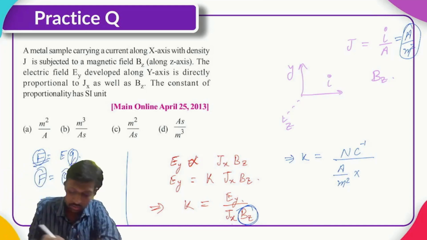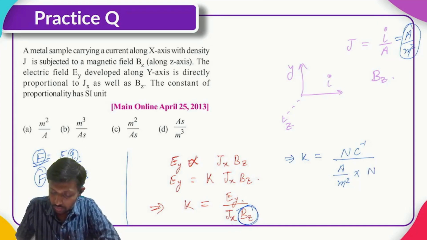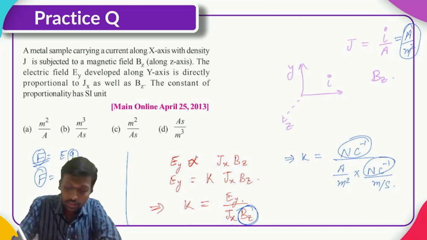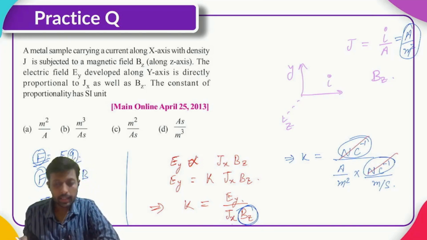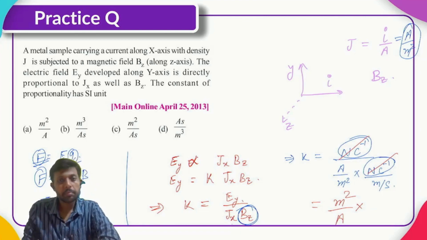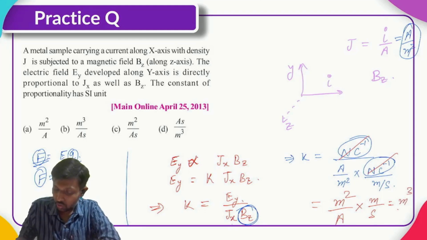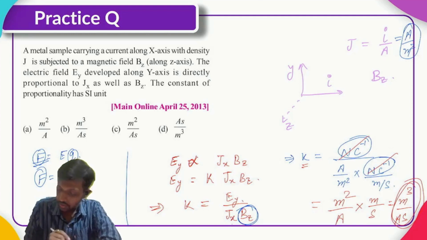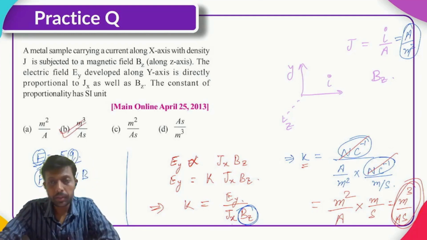So it's Newton per coulomb divided by meter per second. This part and this part are going to get cancelled. So essentially we'll have meter square upon ampere here, and this gets multiplied by meter per second. So we have something like meter cube per ampere second. This is our answer. This is the unit of K, meter cube per ampere second, which is option number B.